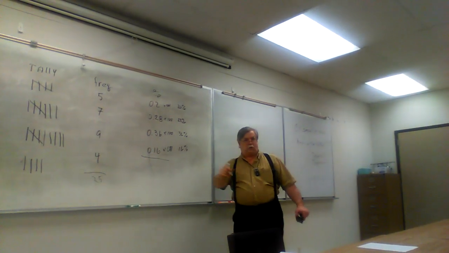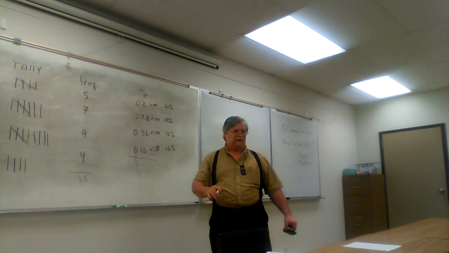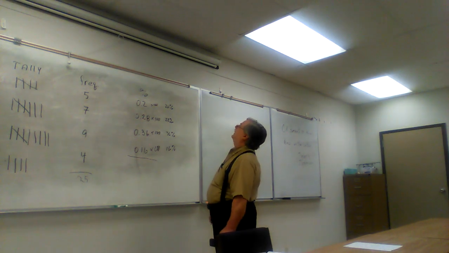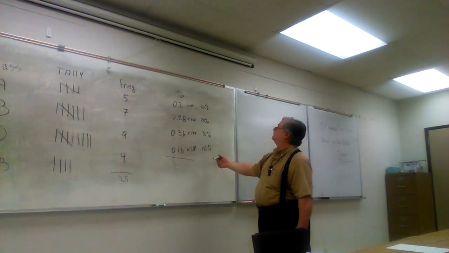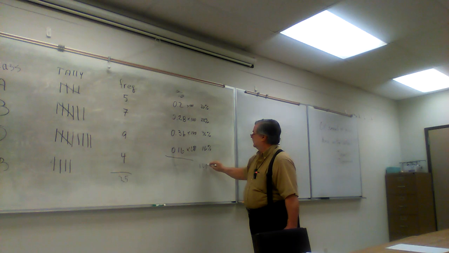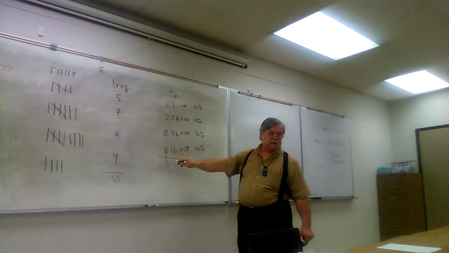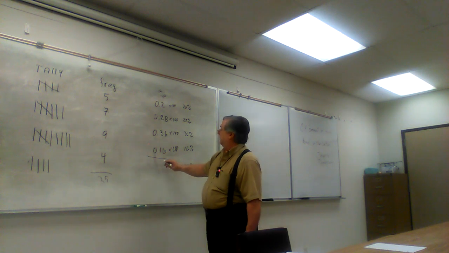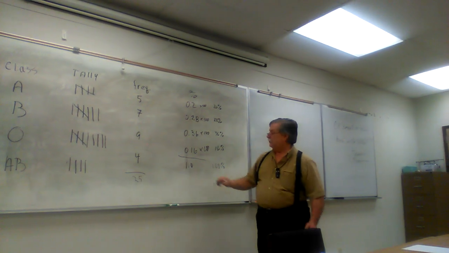Now I can move the decimal place and do that in my head fairly accurately. What's this total up to? 100%. If you add all of these together, somebody do it and confirm that it works out to 1.0 or 1.00.